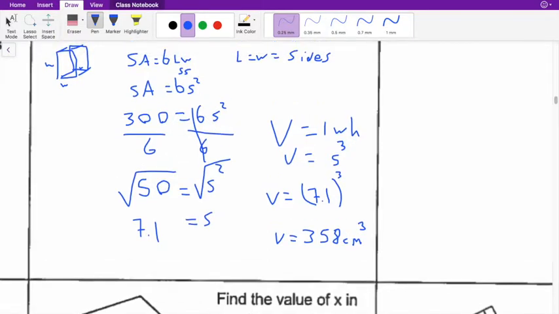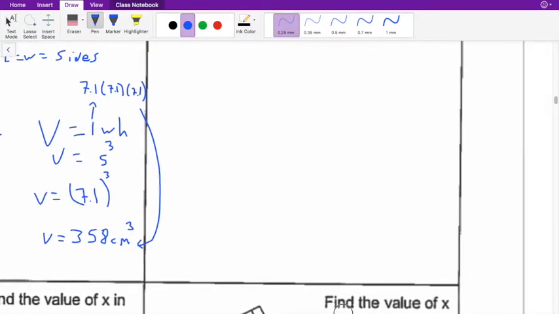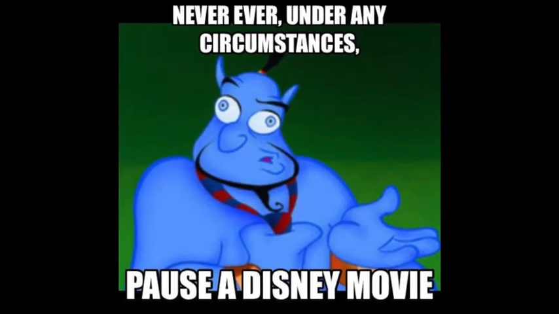If you wanted to go from here to 7.1 times 7.1 times 7.1, that's also fair to say. You'll get the same answer. Okay. Away you go. You guys work on this. Pause her up, and I'll be right back.